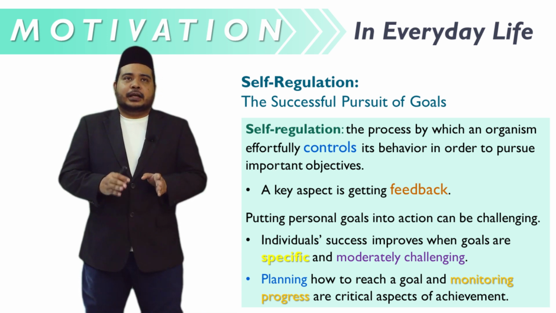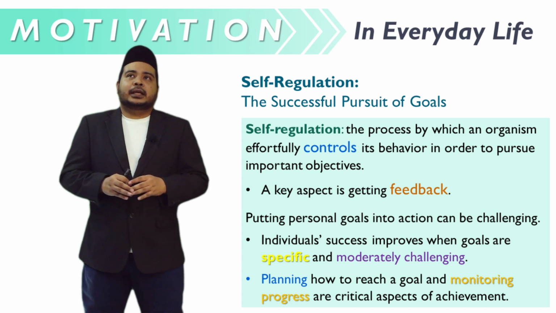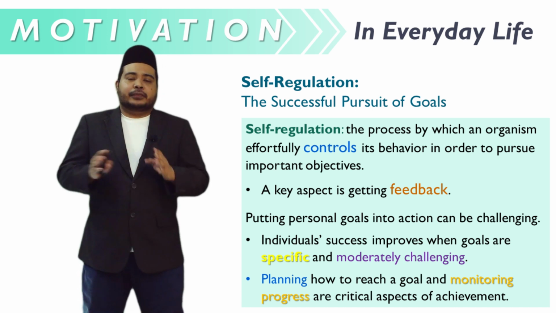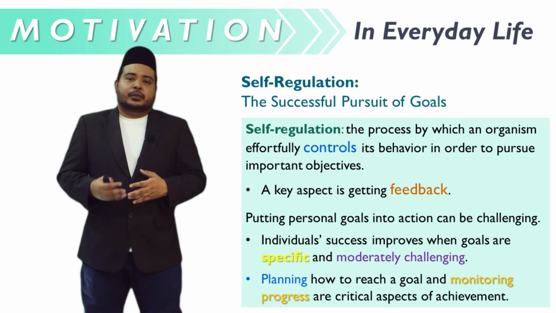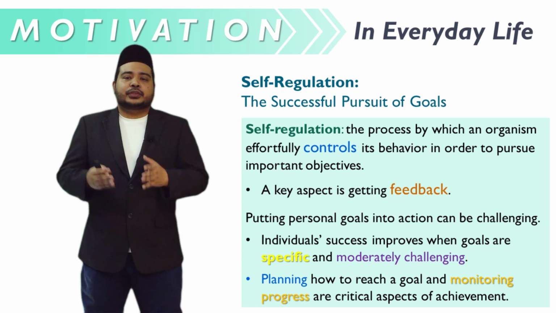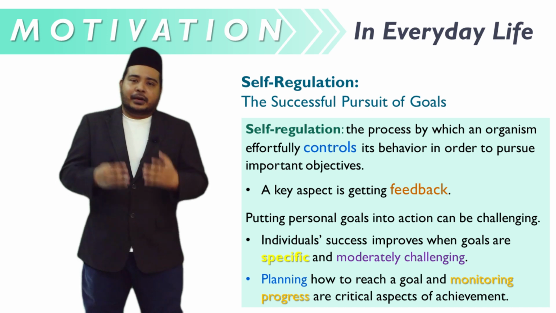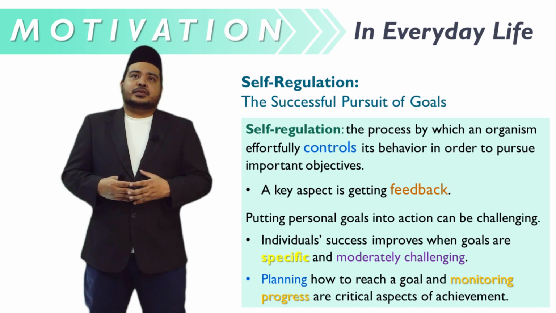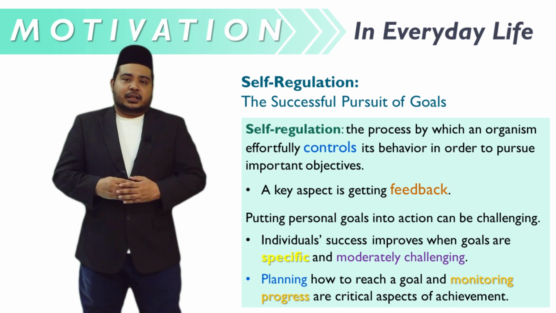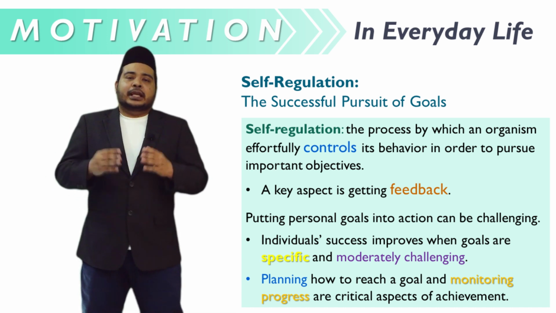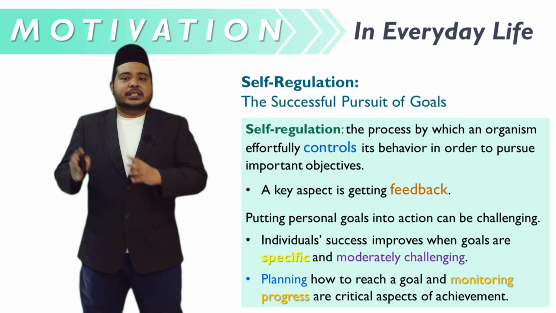Researchers have discussed an important quality for people to have good self-regulation, which is putting personal goals into action. However, for someone to work on their ambition and achieve their goals, it usually will be very challenging.